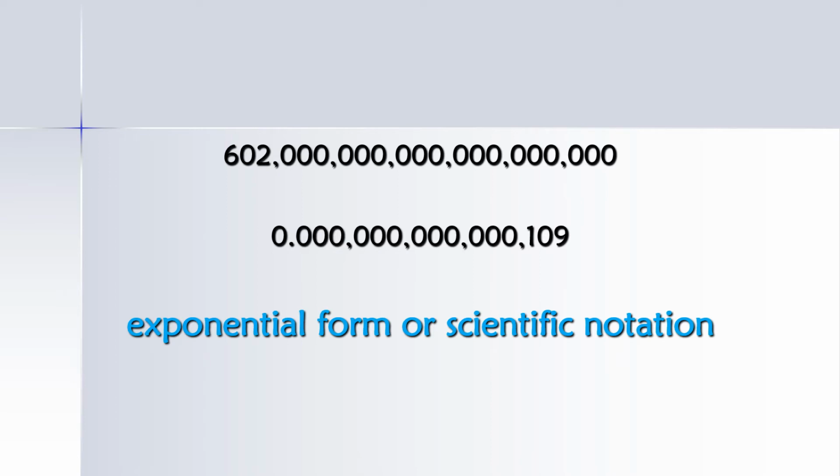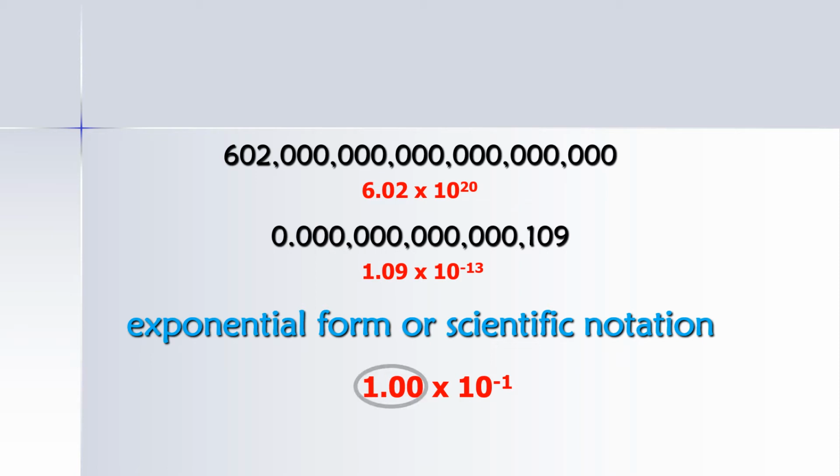So based on the scientific notation, the first number would be this, and the scientific notation for the second number would be this. Now, if you notice, there's a specific pattern that we are following to write this scientific notation, and this is what that general pattern looks like. Basically we have this number in the beginning, which is multiplying with the power of 10, and that number is called our coefficient.